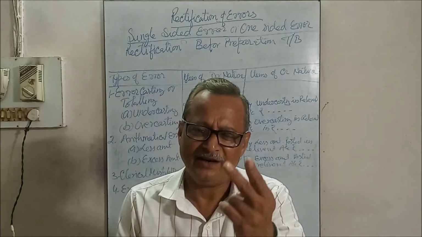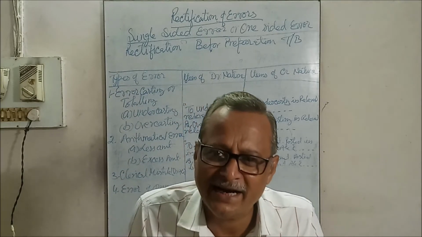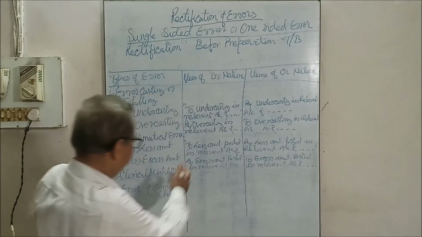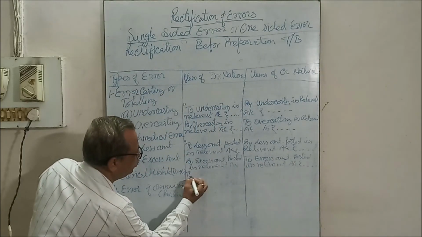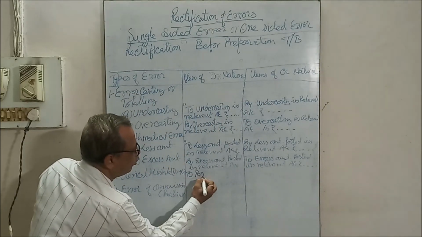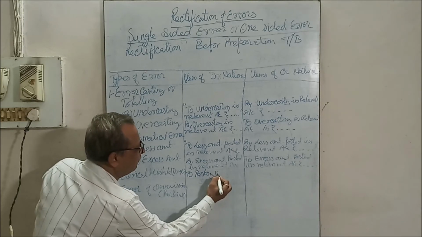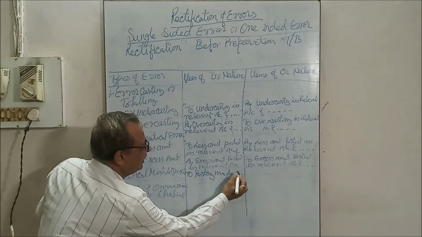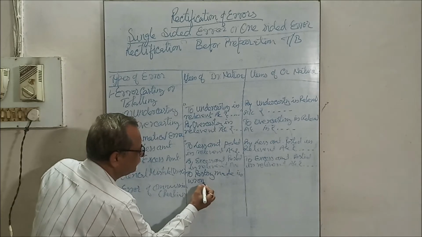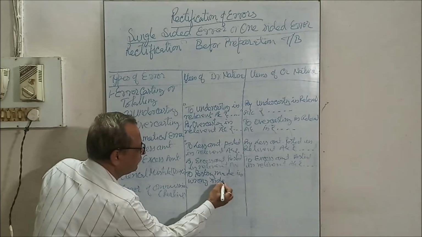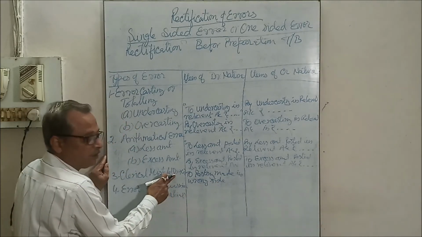Then the difference of that figure is 10,000. Debit item plus credit item. See, two postings made in wrong side. I have already written debit amount plus credit amount.